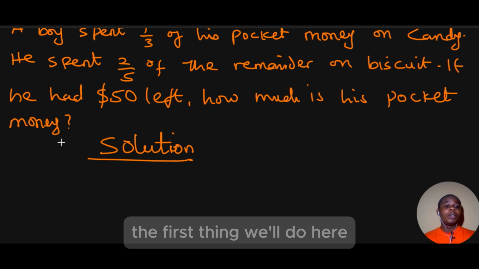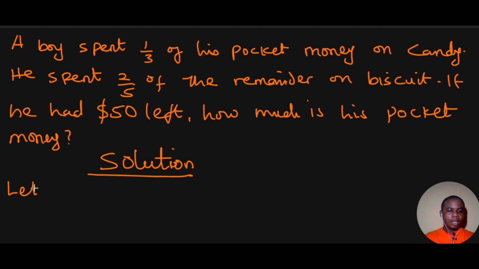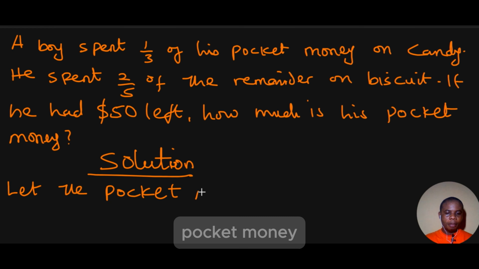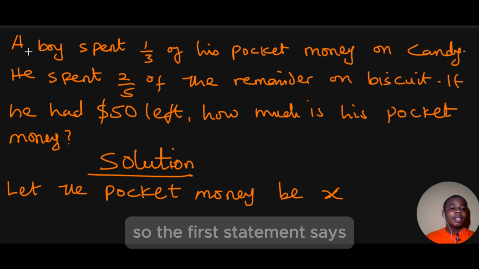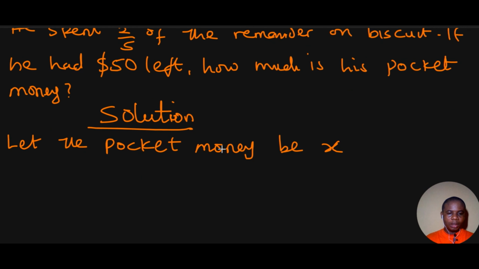The first thing we'll do here, since we do not know the pocket money, we'd say let the pocket money be X. So the first statement says he spent one third of his pocket money on candy.